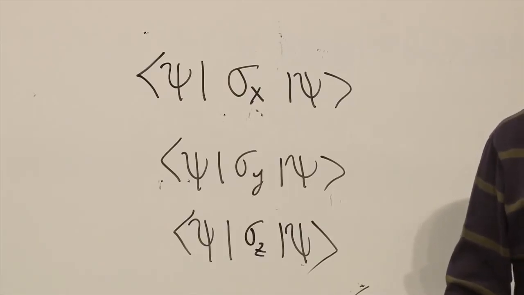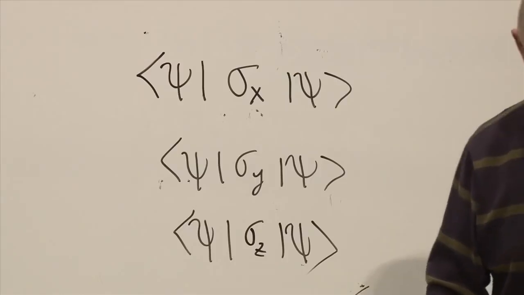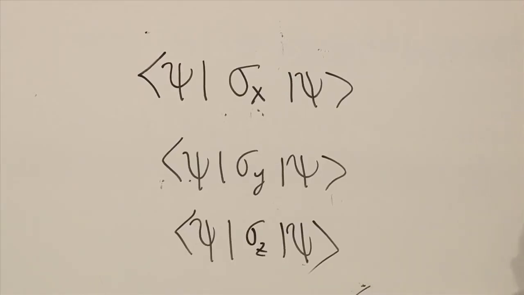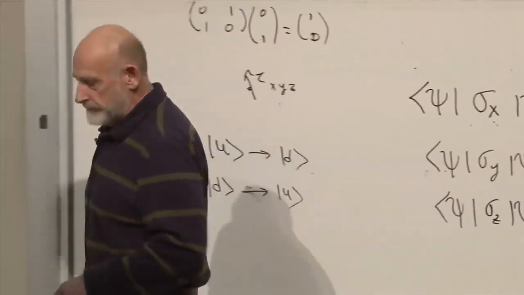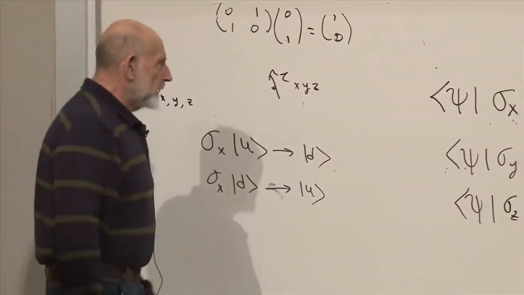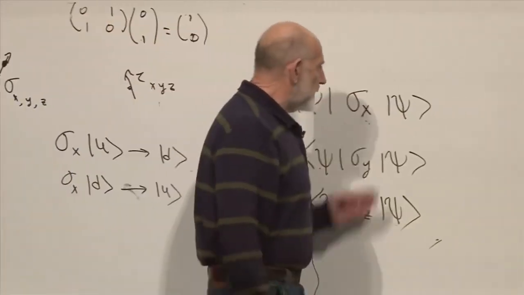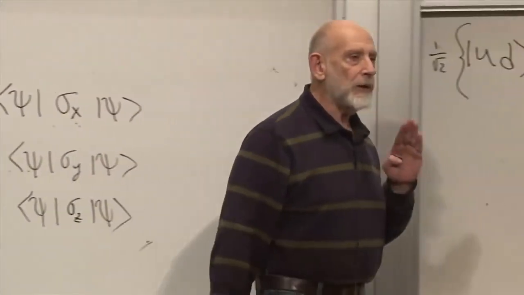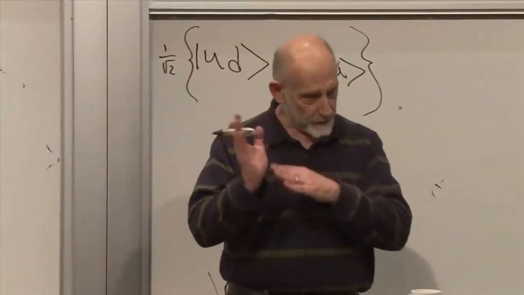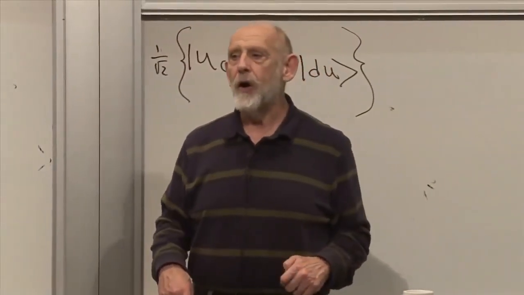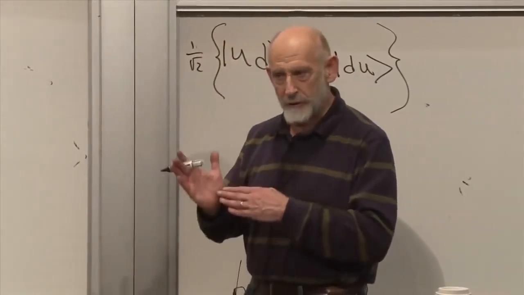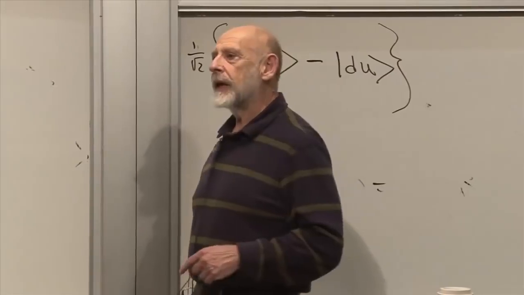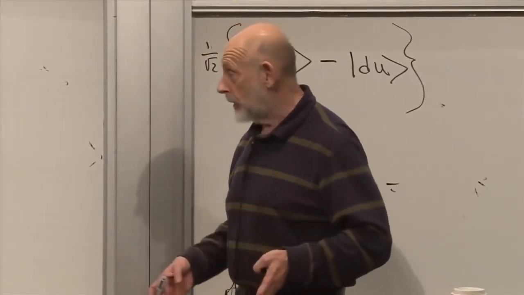Should we take a vote or should I just tell you? The answer is no, they cannot all be 0, and here's the reason. Given any state, there is always a direction in three-dimensional space for which the component of sigma in that direction is definite and equal to +1.